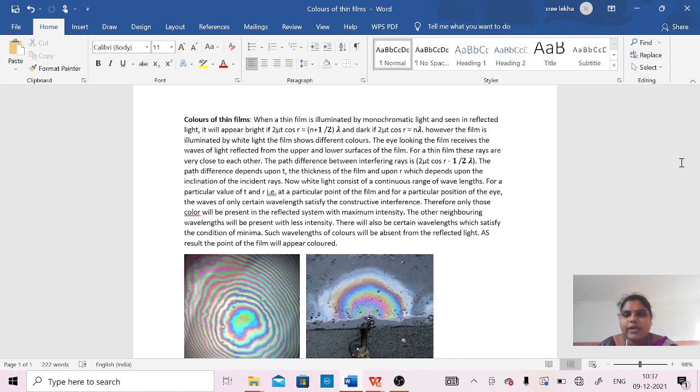This is a very easy concept. We have to remember that whenever the film is illuminated with white light, the color depends upon the thickness of the film, the refractive index or angle of reflection, and our eye. Those three play the main roles in the colors of thin films while we are observing them.